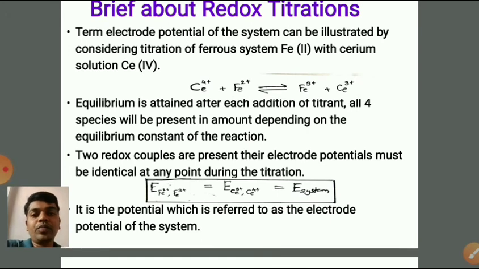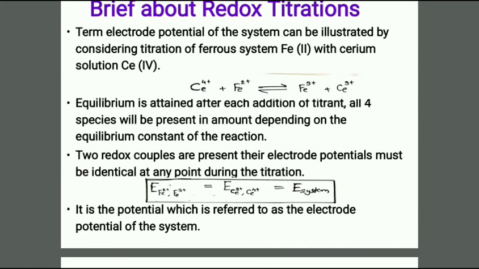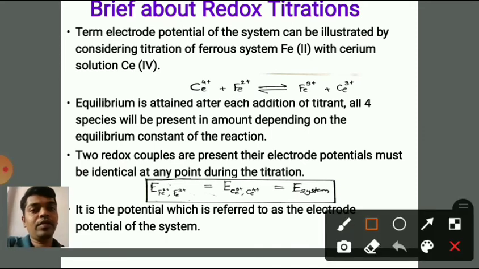The term electrode potential of the system is illustrated by considering the titration of a ferrous system, that is Fe2 plus, with a cerium solution of Ce4 plus. It can be given like this.